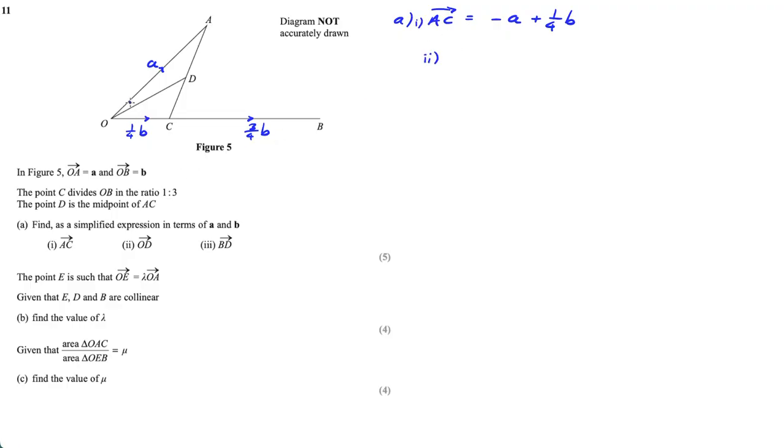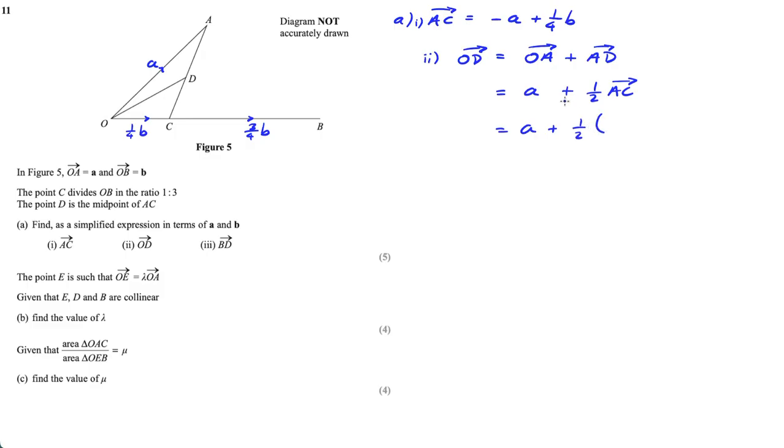OD, so O to D. Now to get from O to D, I'm going to go OD is O to A and then plus A to D. Now O to A is A, and A to D is half AC, so OD is A plus a half AC.